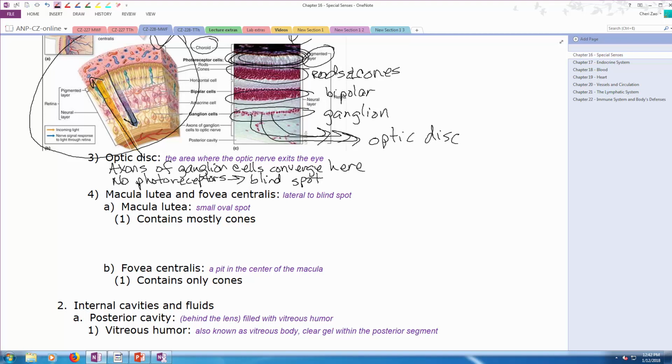Lutea is yellow. And so when you take a look in a live person's eye, examining their retina, you can tell the macula lutea because it has a yellowish hue compared to the rest of the nice orangish, pinkish red retina. So small oval spot, yellow, straight back.